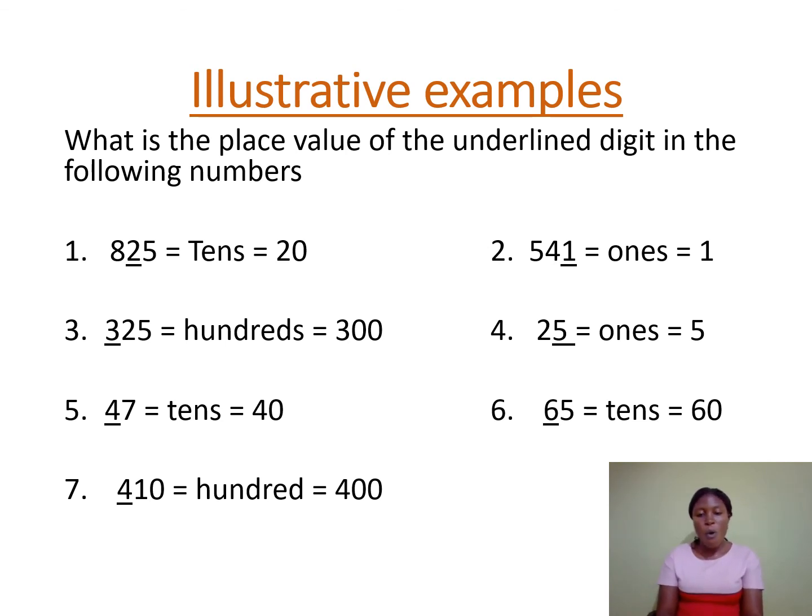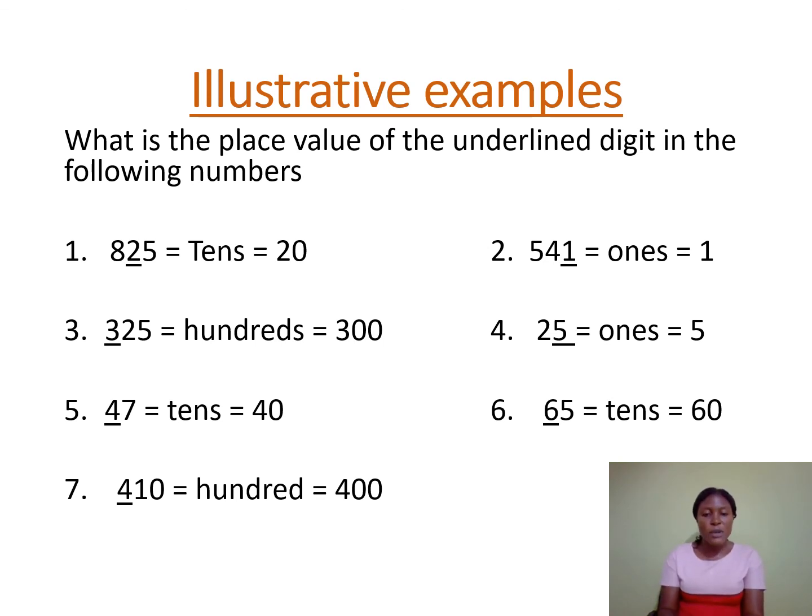Number 4, we have 25, and the underlying number is 5. The place for this underlying number is ones, and the value is 5. Number 5, we have 47, and the underlying number is 40.